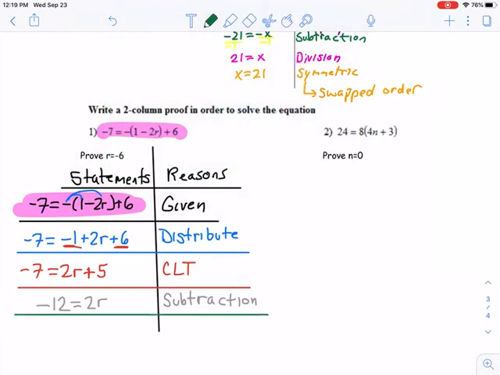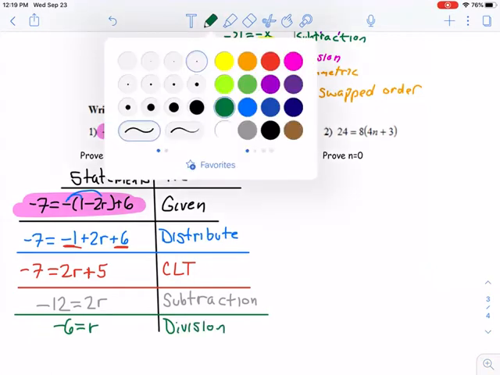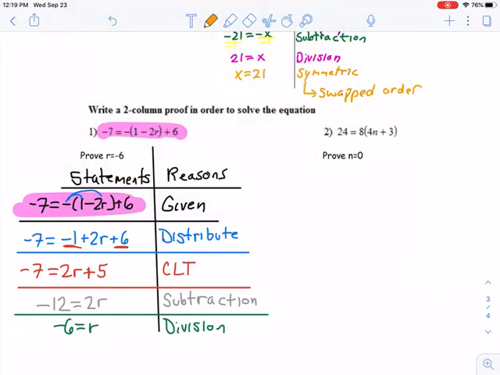Next, I'm going to divide both sides by 2, so I'm going to get -6 equals r. Division. And then the last step, hopefully you've come to realize that if we're swapping the order, it's just -6, and that's symmetric. And again, it's just a pattern.